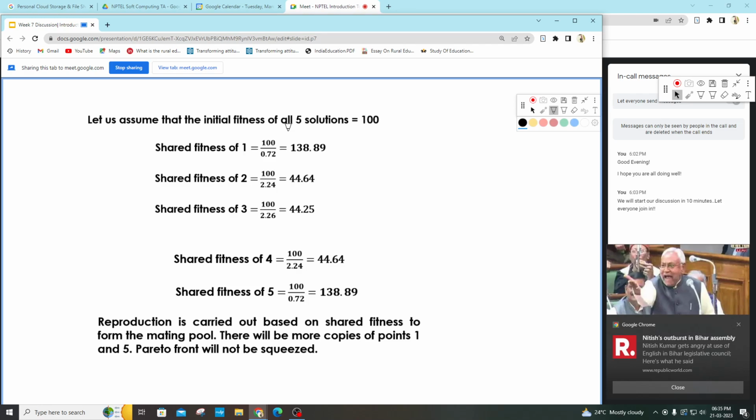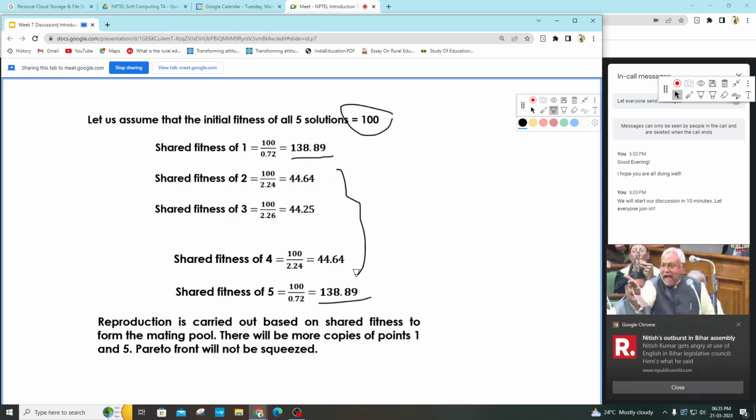So how we will find the sharing fitness? Sharing fitness is a dummy fitness divided by niche count for the respective point. So sharing fitness of 0.1, we have taken this dummy fitness as 100, is coming 138.89. Sharing fitness of 0.5 is also coming the same 138.89.